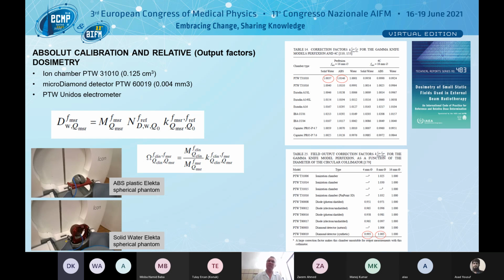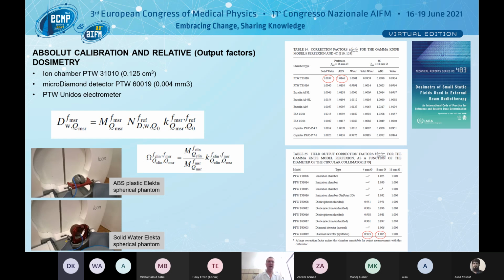But you will never be able to set up such conditions on CyberKnife, tomotherapy, Gamma Knife, ZapX, and so on. So they tried to create a correction factor for your conditions. And this correction factor is correcting for everything: for the detector which you will use, for the phantom which you will use, even for the system which you will use.